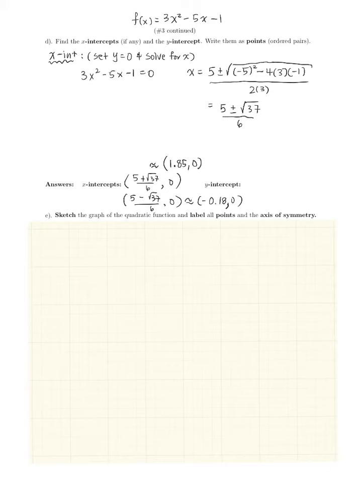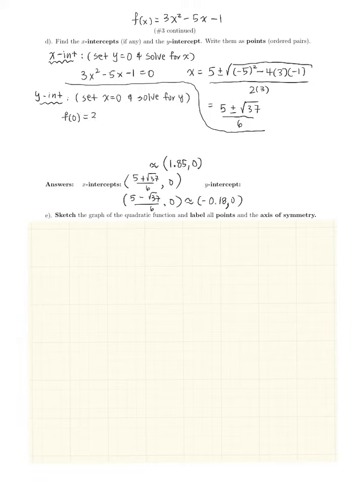All right, now let's go with the y-intercept. How do you find the y-intercept? You're going to set x equals 0 and solve for y. That's the same thing as computing f of 0.